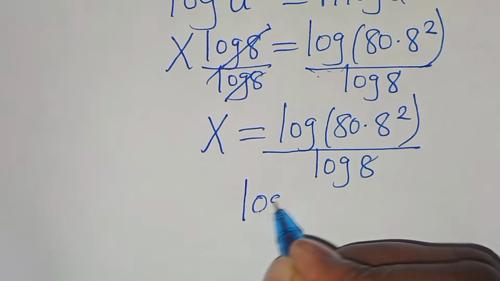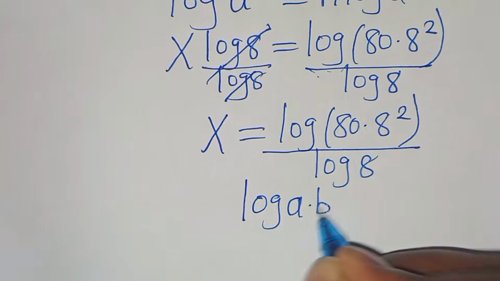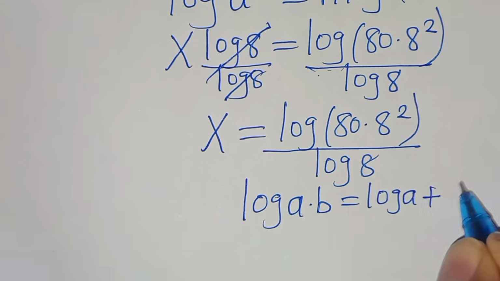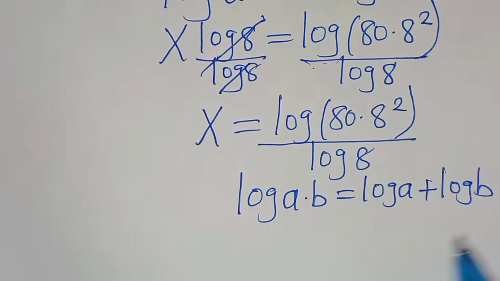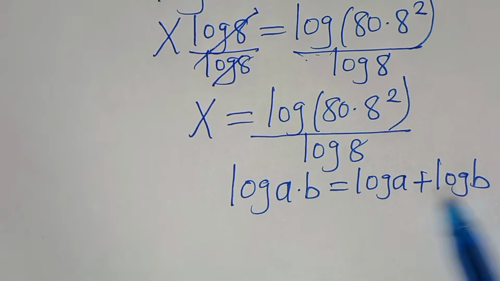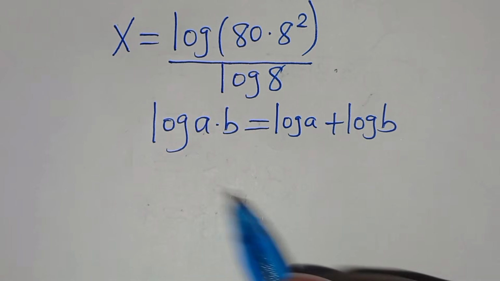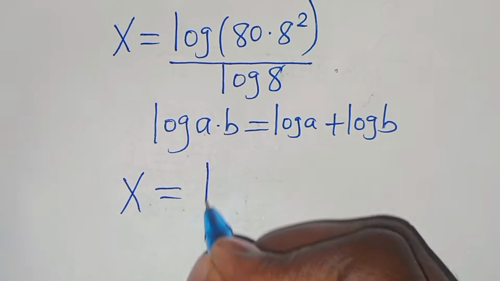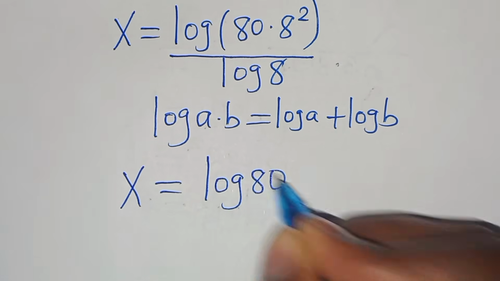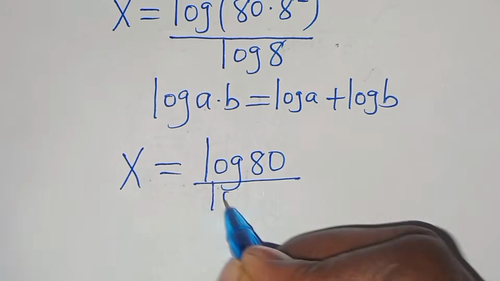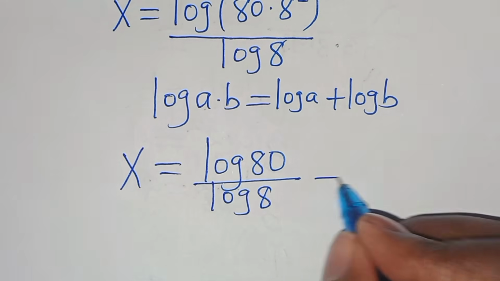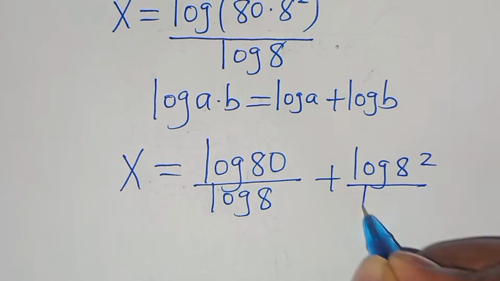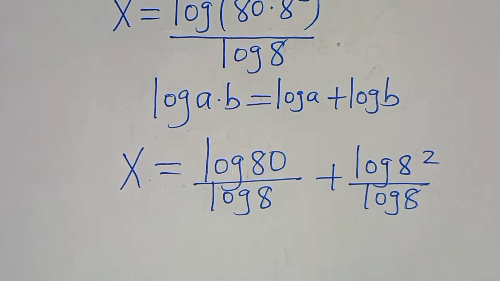This is in the form of log a multiplied by b, which we can express as log a plus log b. Now, applying this logarithm property, then here we have x is equal to, this is log 80 divided by log 8, then plus log 8 to the power of 2 divided by log 8.